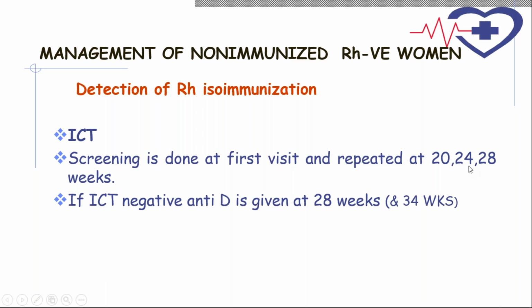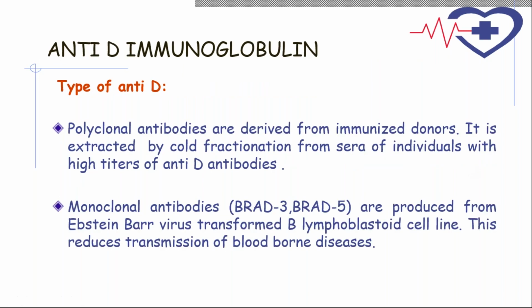Next slide, please, Soumya. Yes, then there are types of anti-D. Either it can be polyclonal antibodies which are derived from immunized donors. It is extracted by cold fractionation from sera of individuals with high titers of anti-D antibodies.